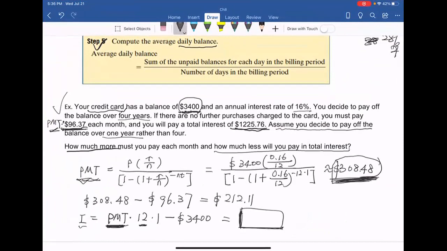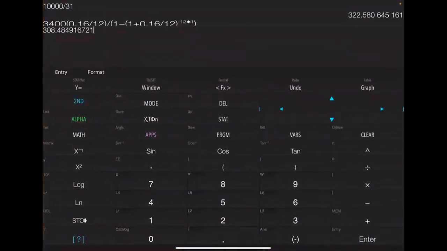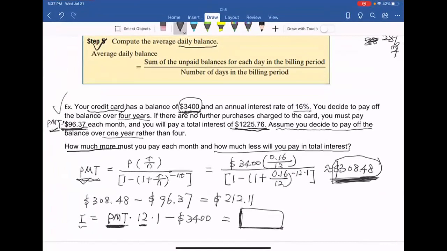So the PMT I need to plug in should be, oh, I have really bad memory. I should take a picture here. Okay, I keep all the decimals here.